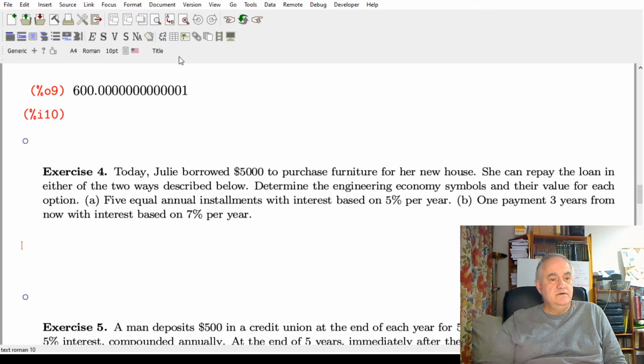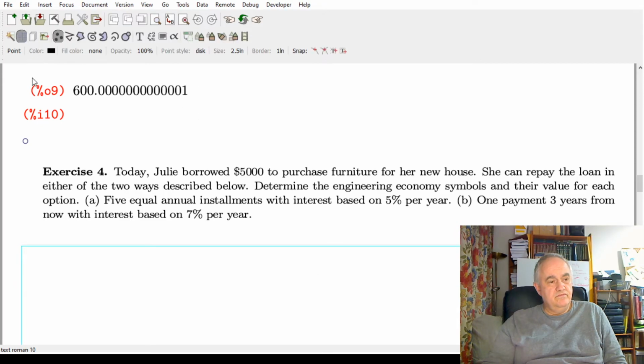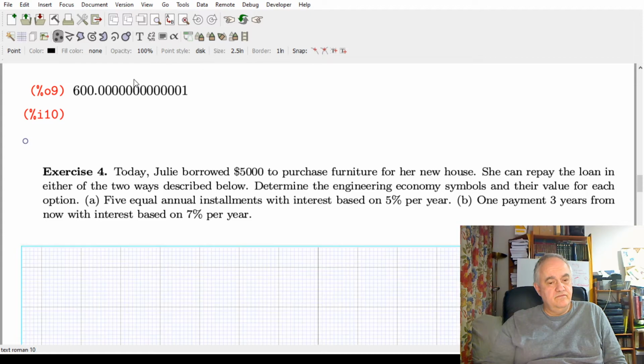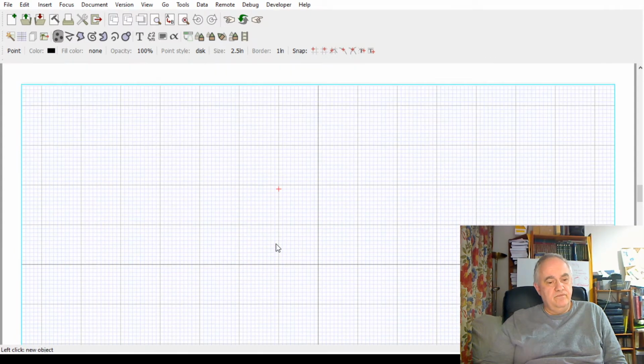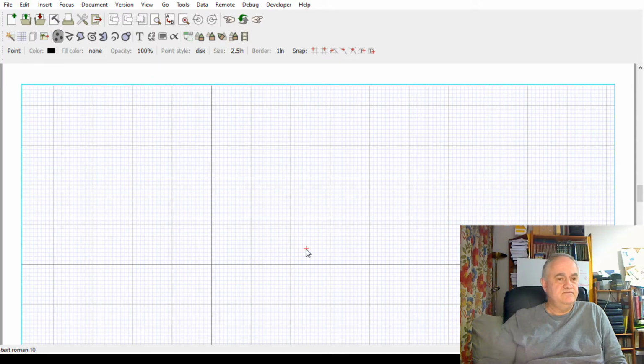Let's draw the graphic as always, just to clarify what we are doing. I will move this to the left so that I have space.